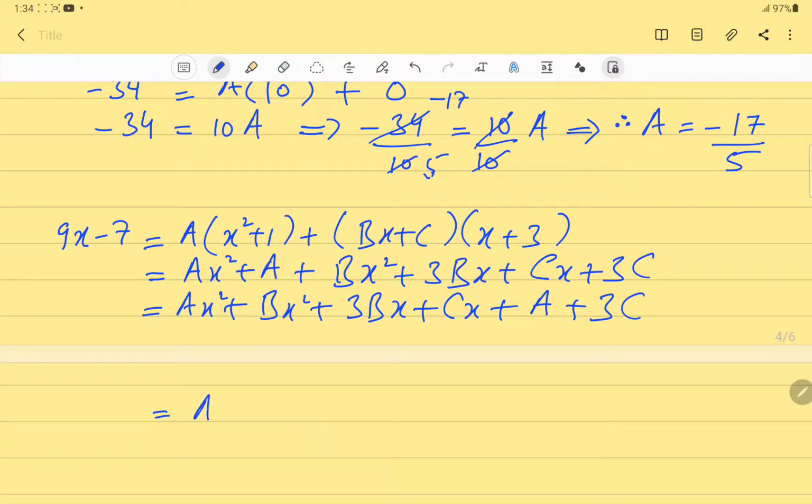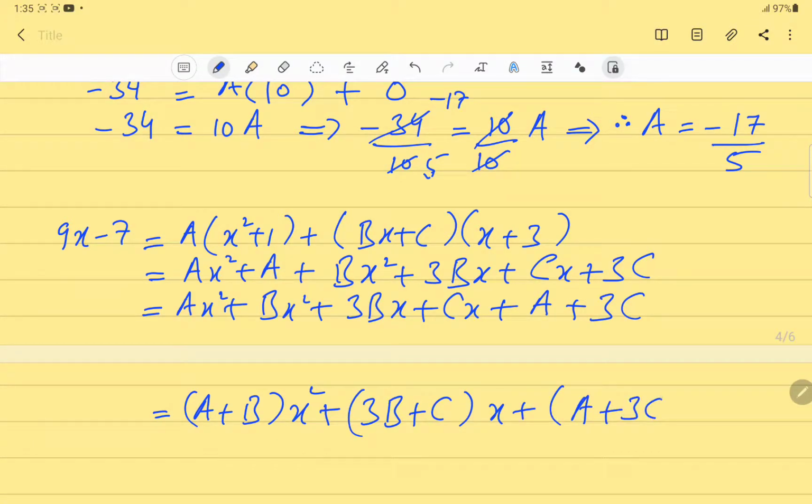Here we will take x² common in the first two terms. In the next two terms, 3b + c, x is common, and then the third one is without x. The left side we can write like 0x² + 9x − 7. We are writing 0 with x² because there is actually no term with the variable x².